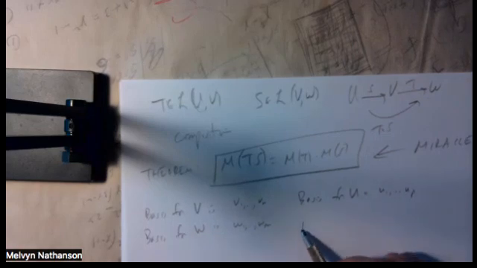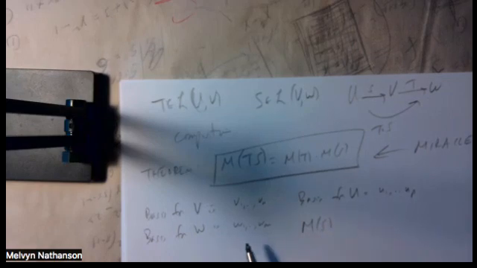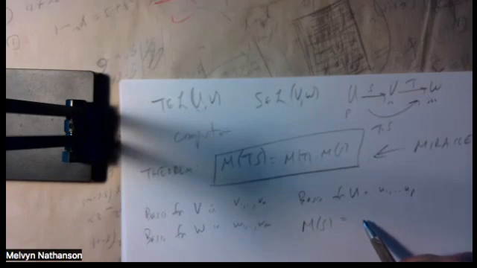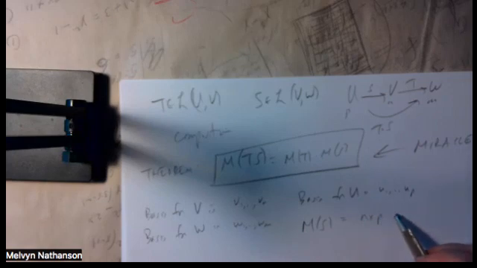And so the matrix for S, see, what are the dimensions of these spaces? V has dimension n, W has dimension m, U has dimension p. So the matrix for S is going to be a matrix of what size? n by p matrix.